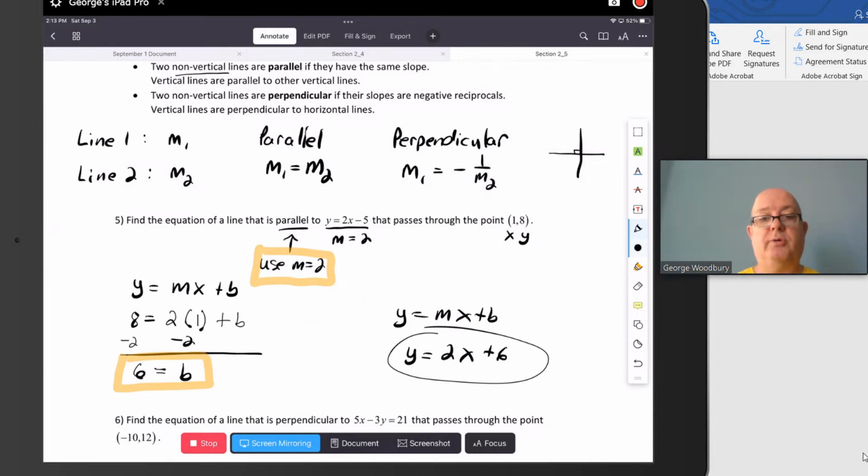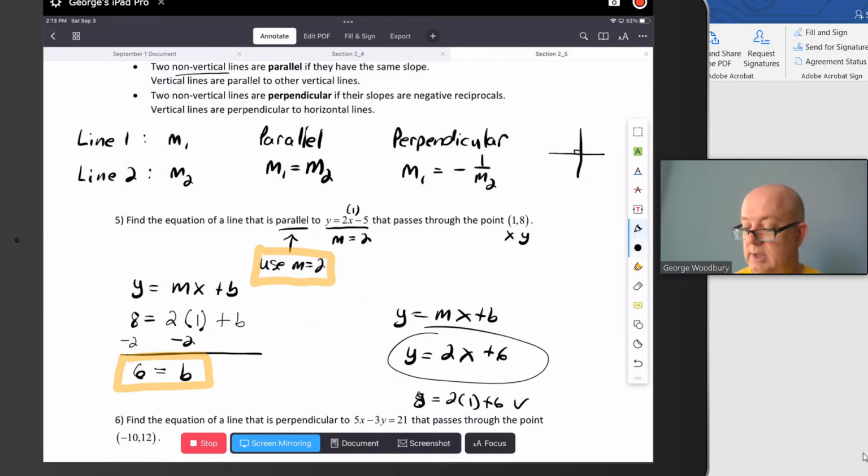It has the same slope of 2, but it also passes through the point 1, 8. If I put in 1 for x in the original equation, 2 times 1 minus 5 is negative 3. That doesn't equal 8, so it's not on that line. But if I put in the 1 for x and the 8 for y, does 8 equal 2 times 1 plus 6? It does. So it's parallel because it has the same slope and it goes through the point 1, 8.